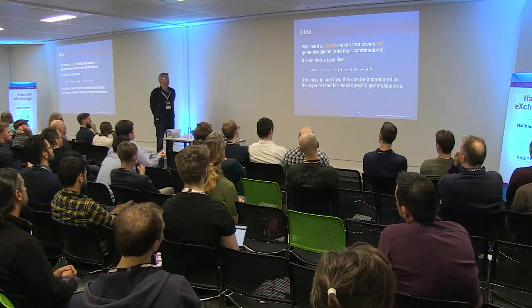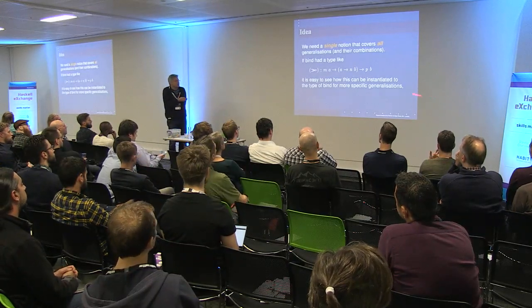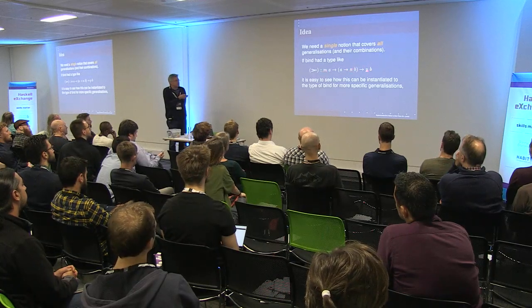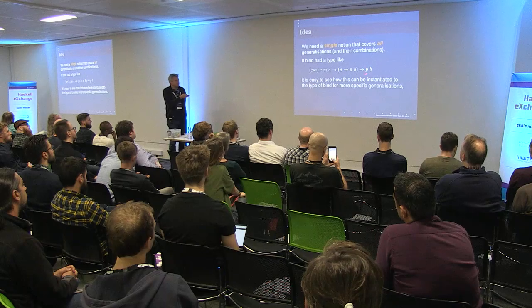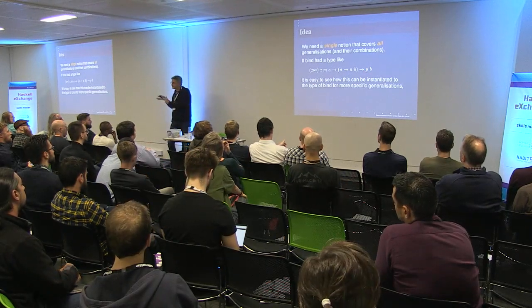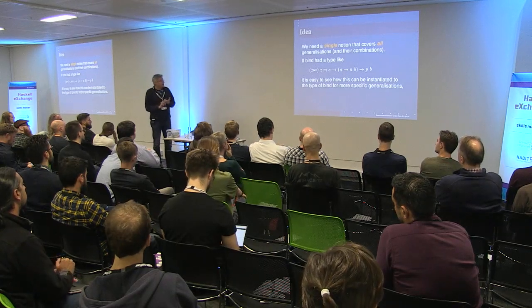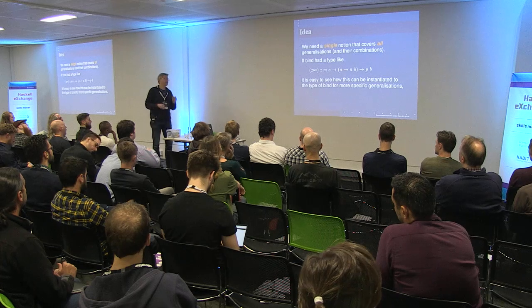So if bind had a type more like this, where instead of insisting on the same type constructor in all these positions, we say, let this be one thing, and that another, and that a third, then you can see that this could be instantiated to all these different cases we saw, the graded monad, the indexed monad, and any combination of these as well, or anything else you might dream up, pretty much.